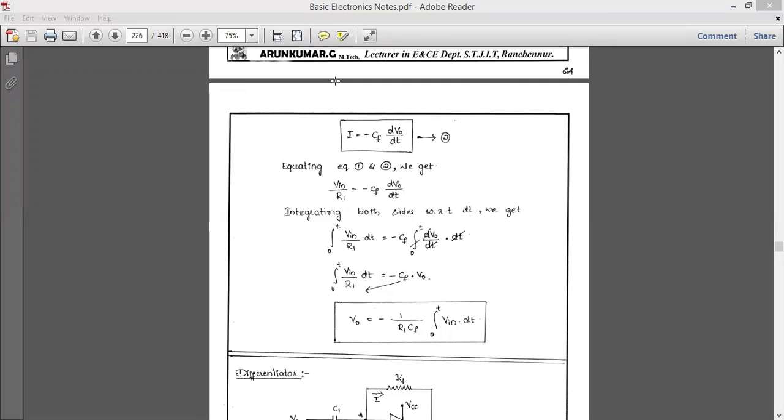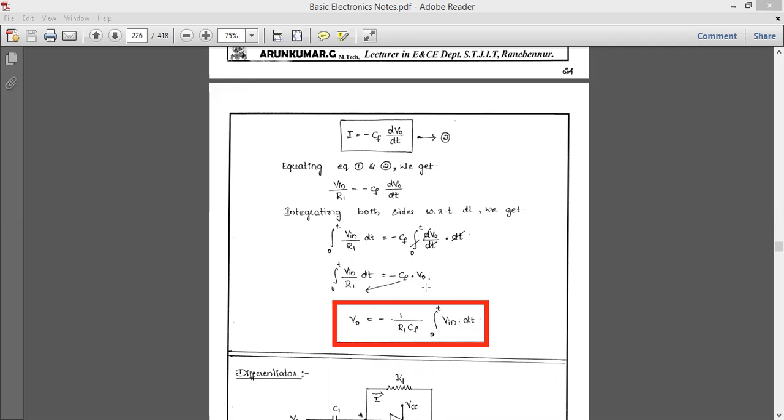To obtain the output voltage, we simplify the equation, that is V naught is equal to minus 1 divided by R1 into Cf, integration from 0 to t of Vin into dt.